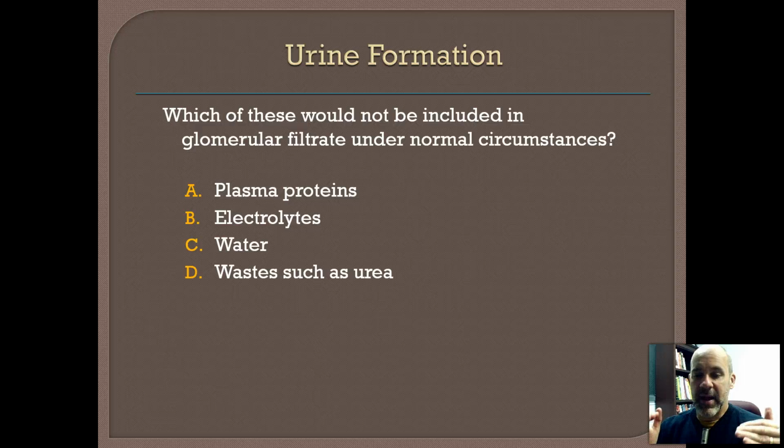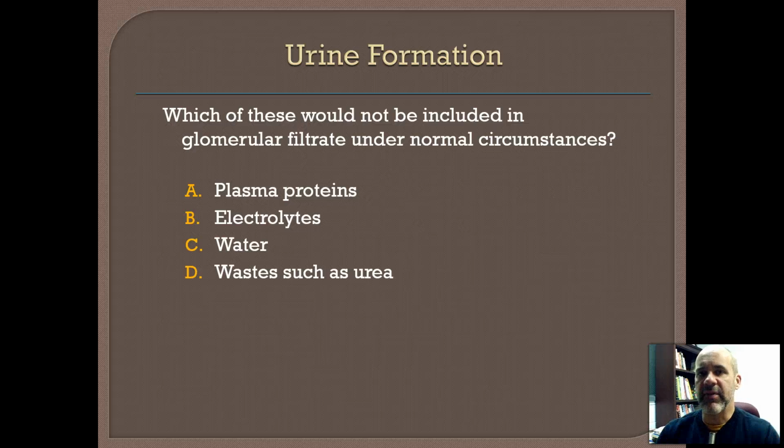So think about the blood passing from the afferent arteriole into the glomerulus, and you've got that hydrostatic pressure, that blood pressure that's forcing the fluid and smaller molecules out. If these structures, these glomeruli, these little tiny capillaries, are functioning properly, what would be excluded from the filtrate?